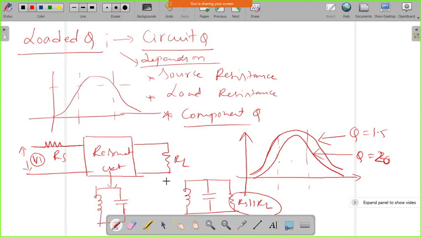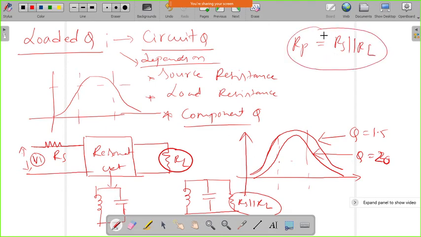If I consider this RL as a true load, this loaded Q can be calculated by using the parallel resistances, that is RS in parallel with RL. We can calculate this parallel combination, and the loaded Q is Rp divided by Xp.